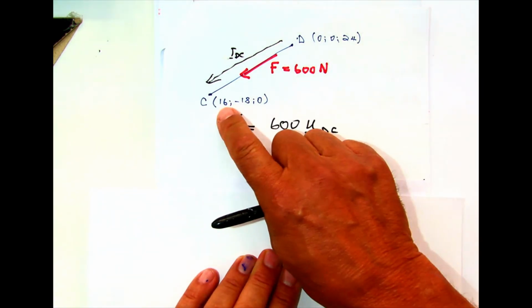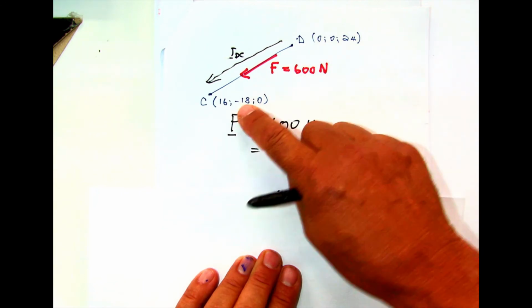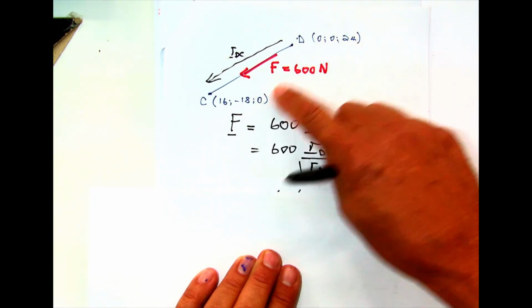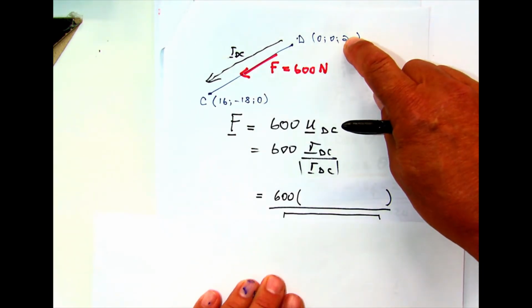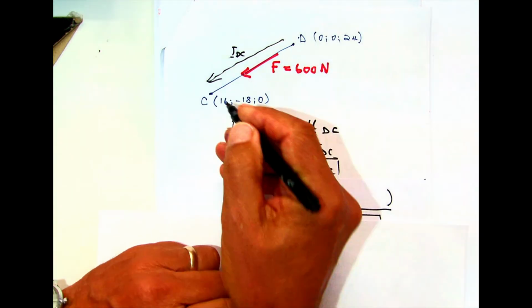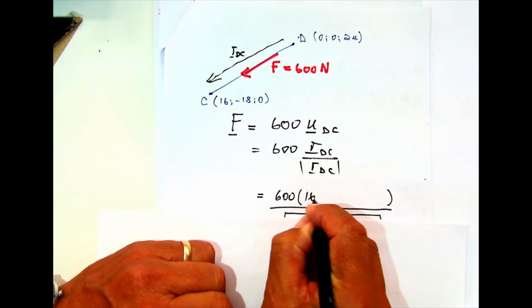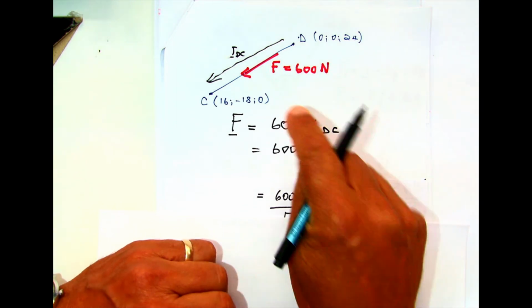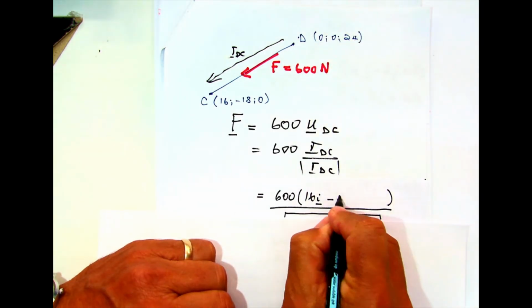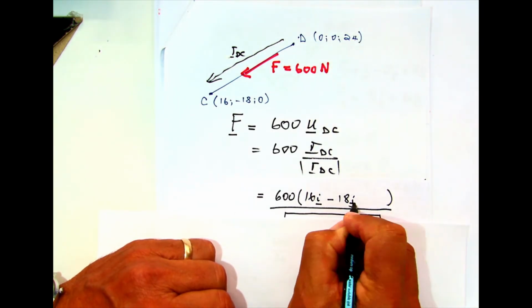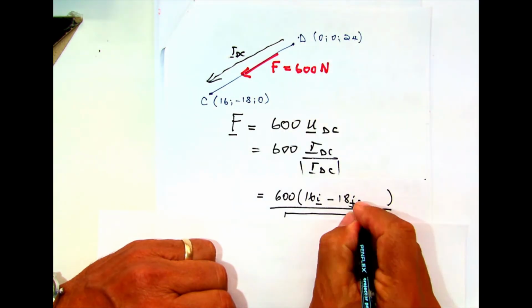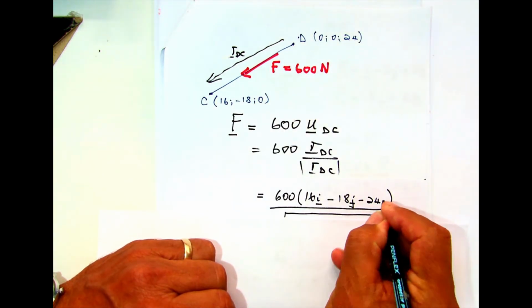So that's going to be 16 minus 0, and minus 18 minus 0, and 0 minus 24. Let me write it in there. 16 minus 0 is 16i, minus 18j, and 0 minus 24 is minus 24k.